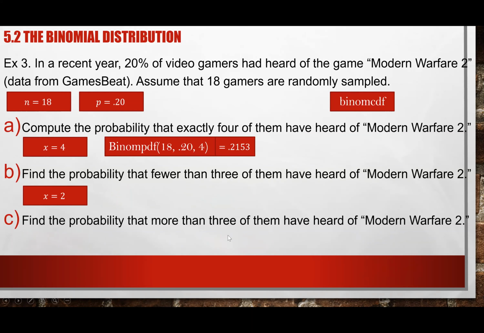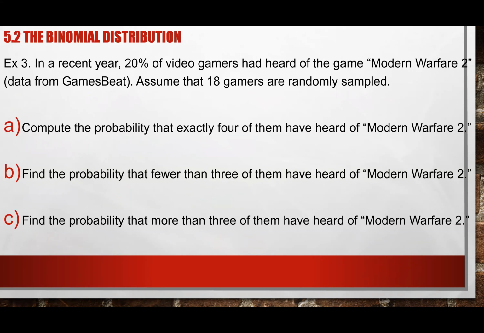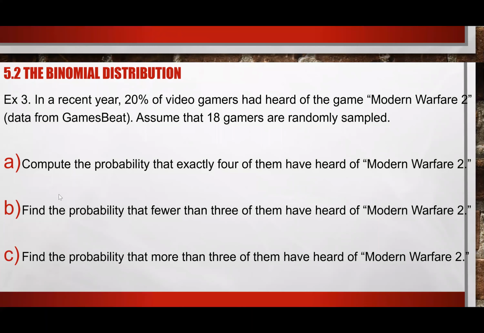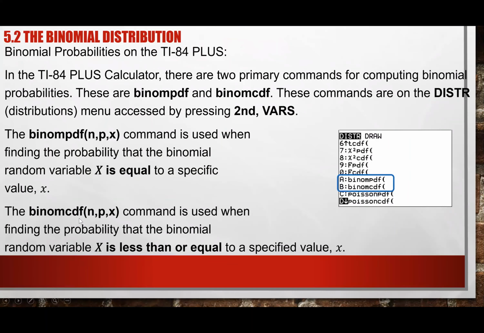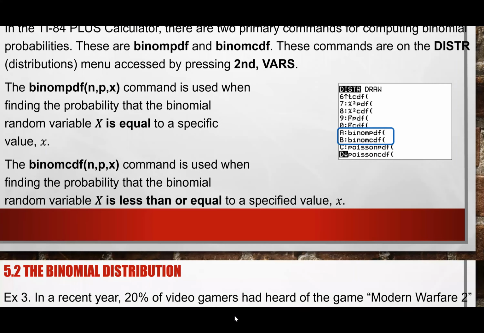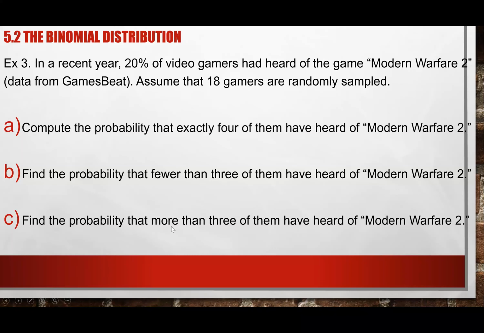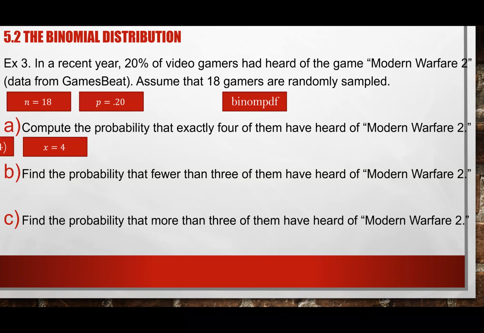The binomial CDF will only give you the result of numbers less than or equal to that X value, meaning only the left-hand side. But here we're looking for something more than, meaning something on the right-hand side. To do that, we have to take 1 minus the left-hand side to give us the leftover.